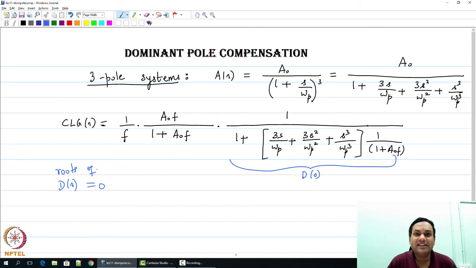If I do this, this will give me the expression for the roots of the closed loop system, and I know that if the closed loop system has roots in the right half plane, especially complex conjugate roots, the system is going to be unstable. So let us now take this denominator polynomial and find out its roots.